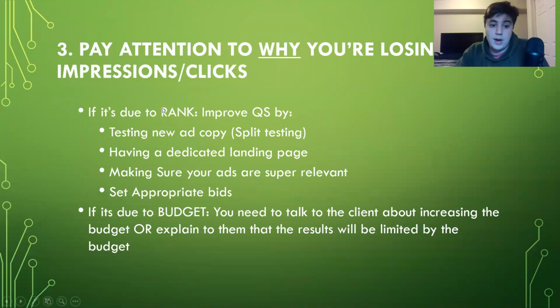Now, if it's due to rank, that's good because it means you can improve the quality score by doing simple things like testing new ad copy, split testing, having a good landing page to send people to when they click on the ad, making sure your ads are super relevant, and setting appropriate bids. Because ad rank is a little bit different than quality score. Ad rank, I believe, is calculated by your quality score times your max cost per click.